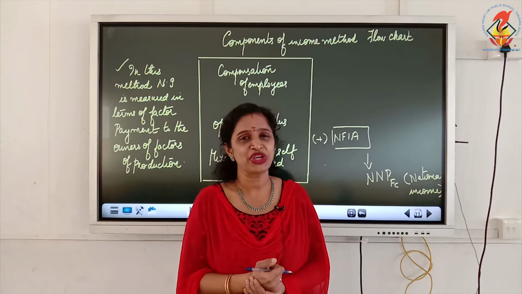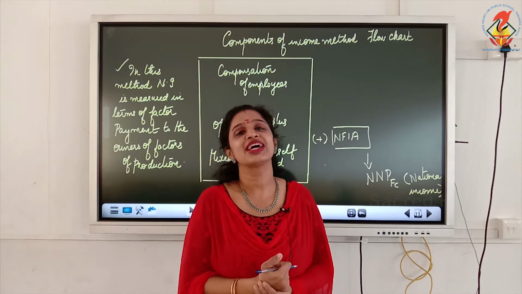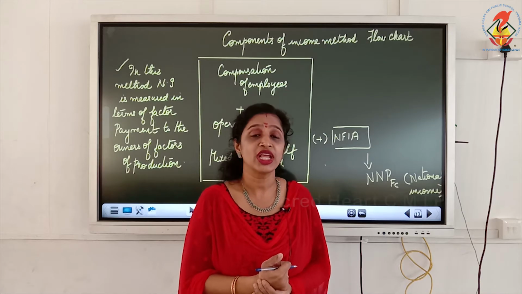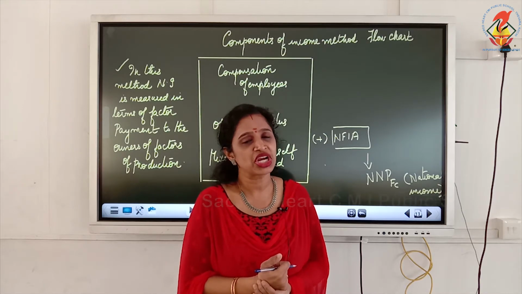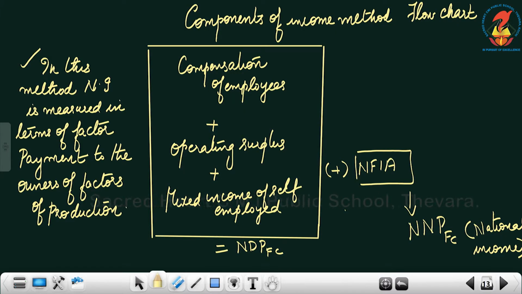But one point to be noted, for product method your flow chart starts with GDP at market price, but here for income method your flow chart starts with domestic income, that is NDP at factor cost. NDP at factor cost is also known as domestic income.